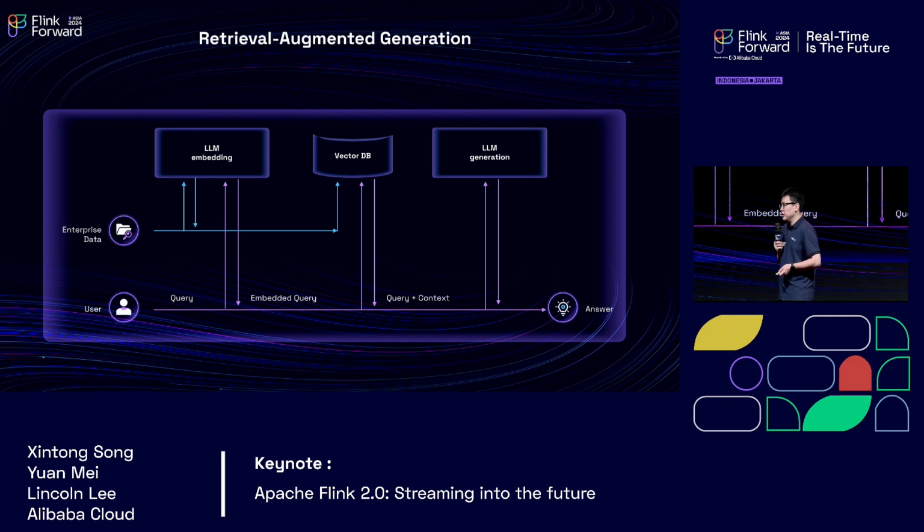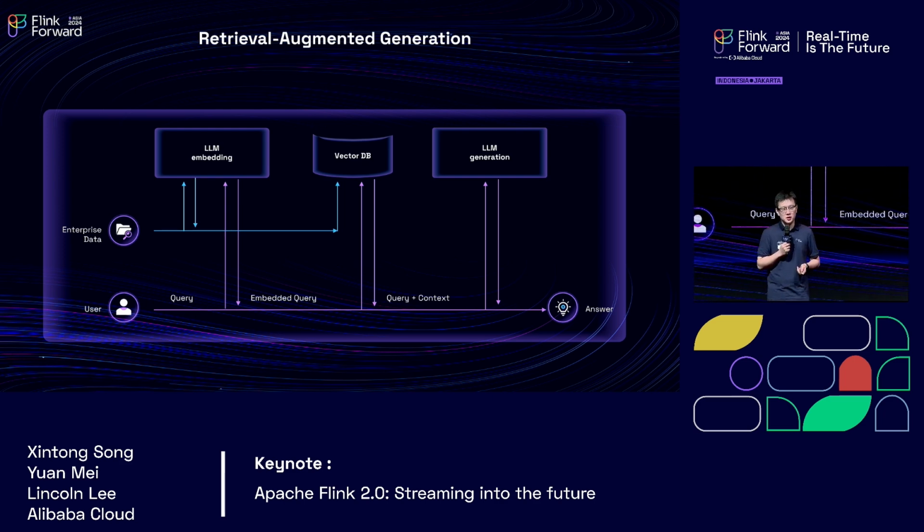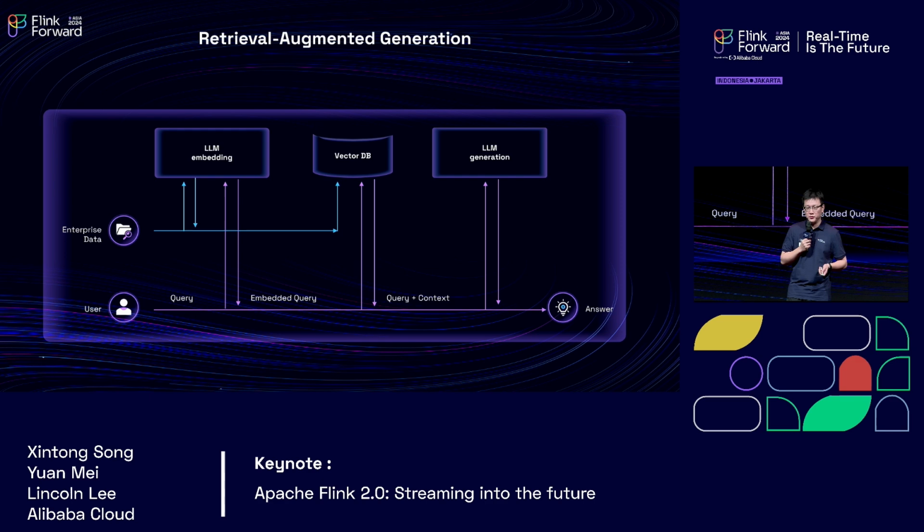So firstly, the knowledge base is not static. It keeps being updated. So when we do an update to the knowledge base, we expect the result to be reflected in the generated content as soon as possible, and that depends on the real-timeness of the blue pipeline in this figure.